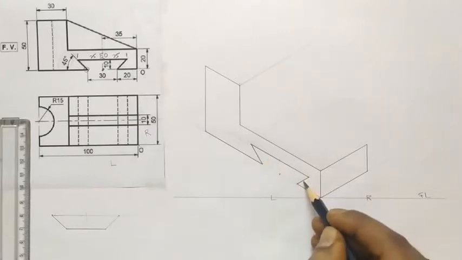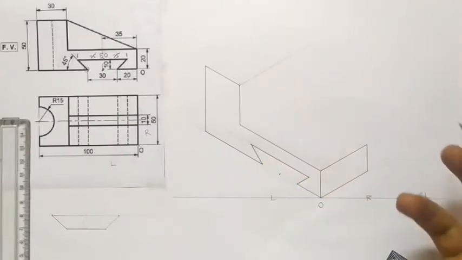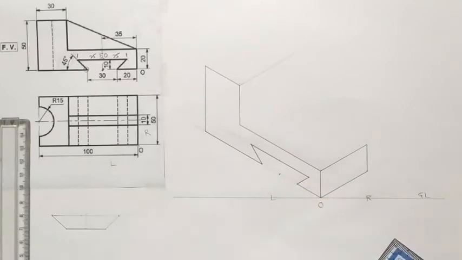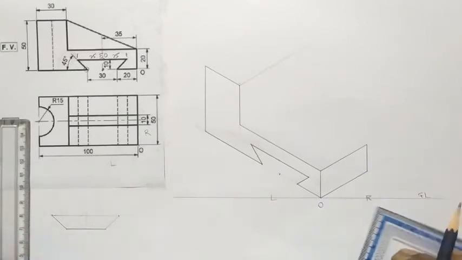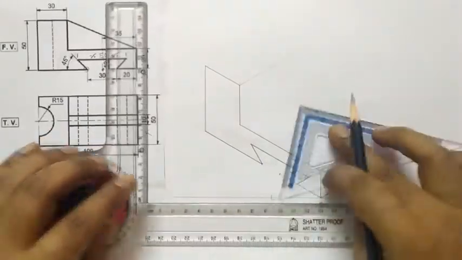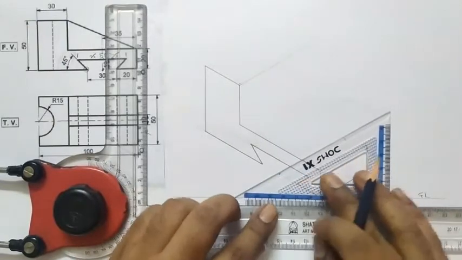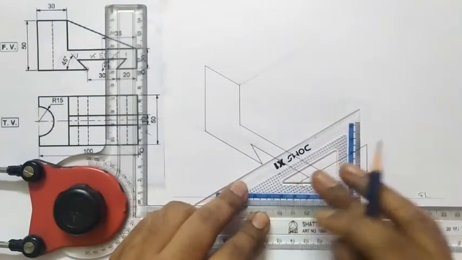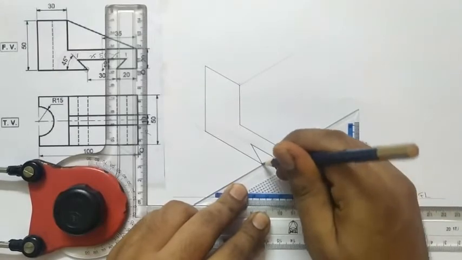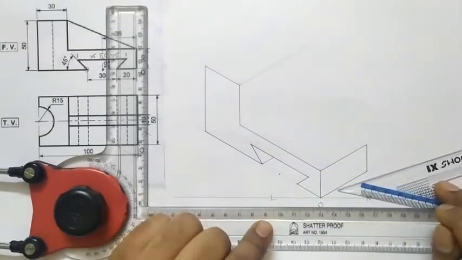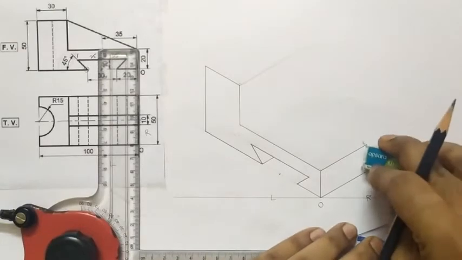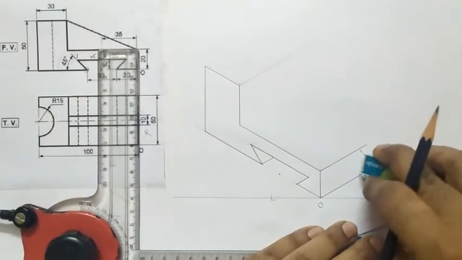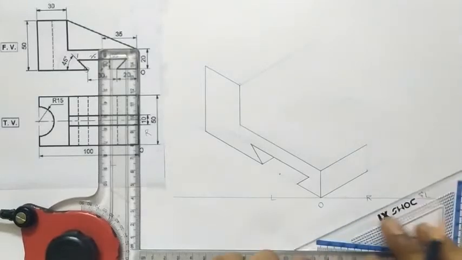This one is 45 and this one also 45, but in isometric you are not able to see this 45 degree angle, right? Okay. Now what I have to complete, I need to complete this edge, the outer edge. This can be visible. Now see here, I have taken the wrong distance, 45. Here this is 50 mm.